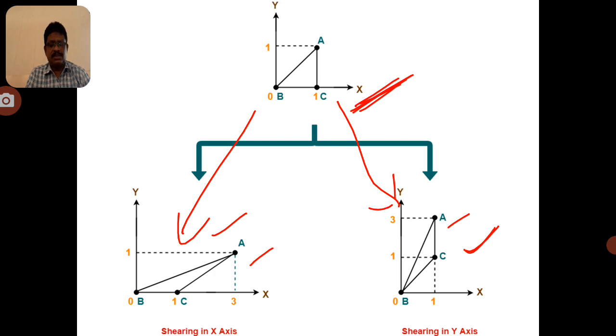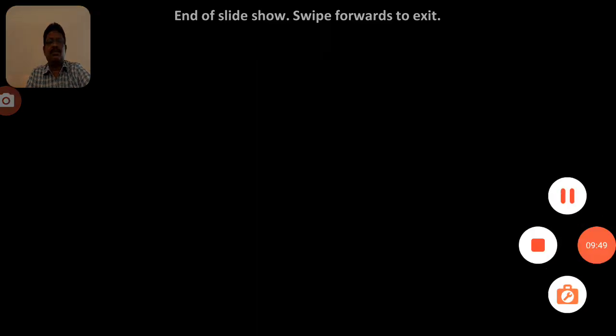The first technique of 2D transformation is translation, the second is rotation, the third is scaling, the fourth is reflection, and the last one is shearing. These 5 techniques are used to enhance the object, to modify the object into different shapes or different locations. This is the transformation technique of shearing.